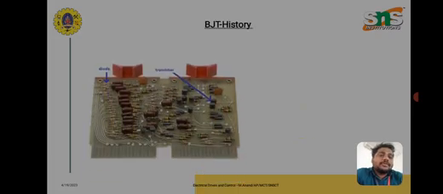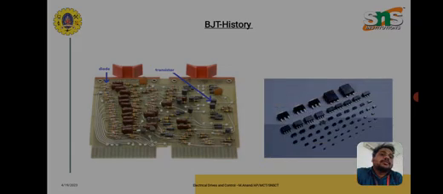I will show one real-time example of transistors. This is a simple SMPS PCB board. In that board we have used more than 10 BJTs for switching operations. We have n number of BJTs in different sizes, even a BJT of 1 millimeter size.